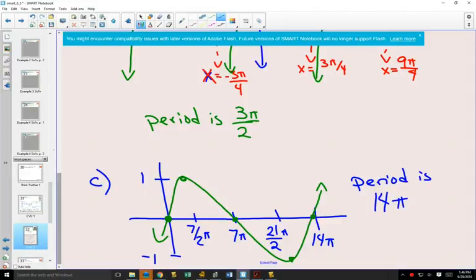And the period is 14 pi. Questions 3, C, and D, practice your period.